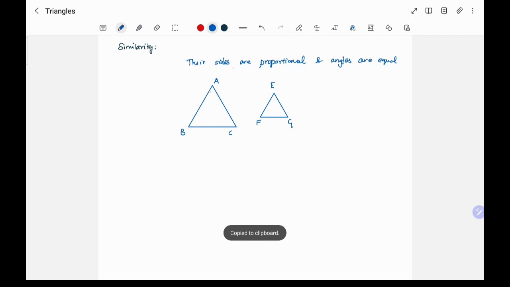One property here is that the angles are equal. If we just give angle A equal to angle E, angle B equal to angle F, angle C equal to angle G, we cannot say they are congruent, right? Congruency does not hold for only the angle case. That's why we didn't have AAA congruency.